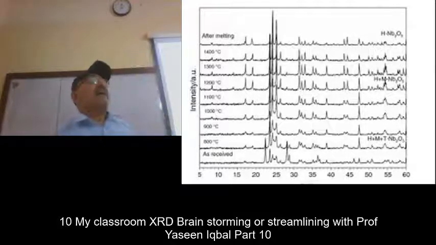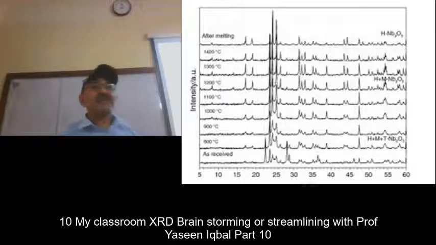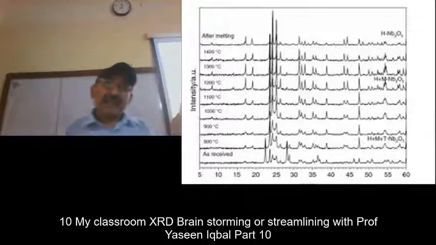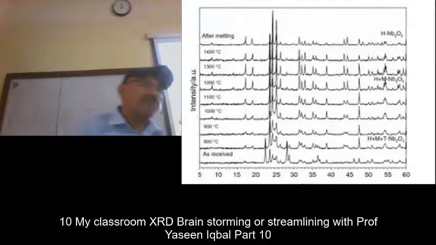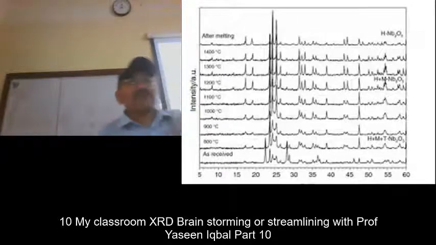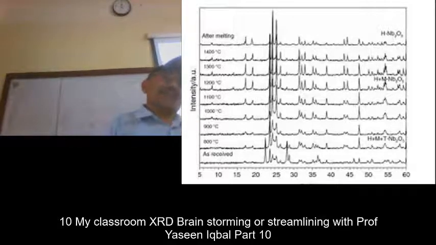If nothing is happening instead of that phase, this means that the phase dissolved. If at the cost of that particular phase, the peaks due to another phase increased, this means that phase transformed into another phase with temperature, right?